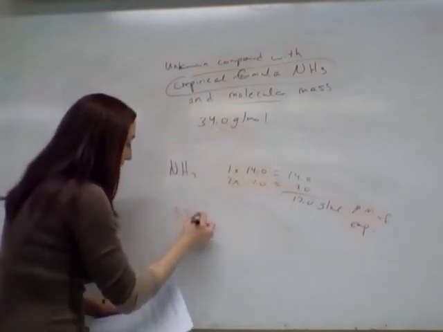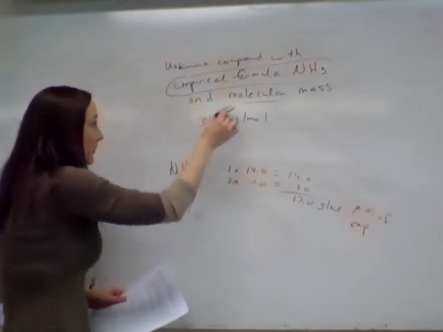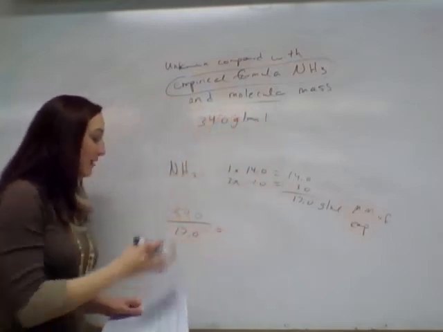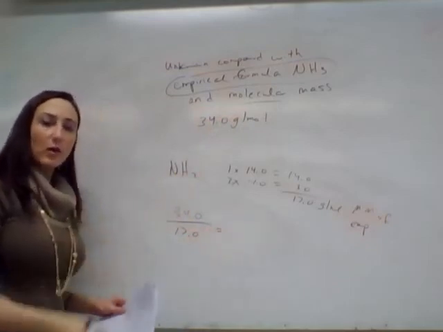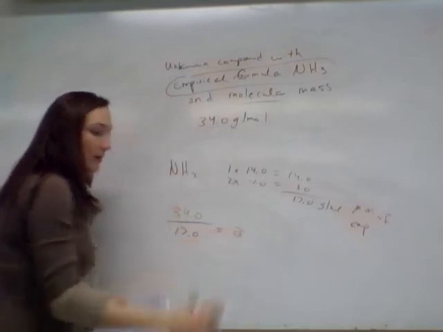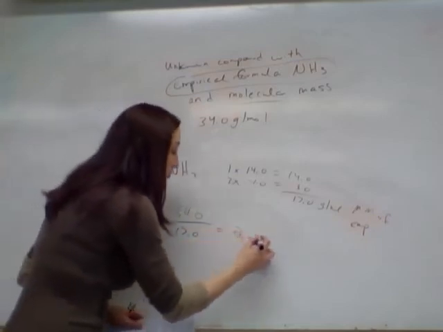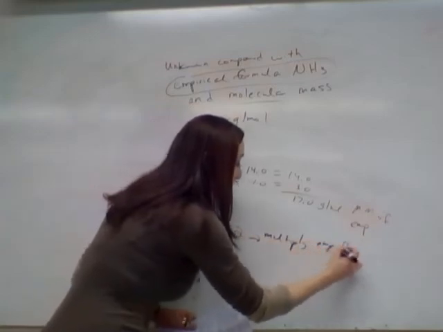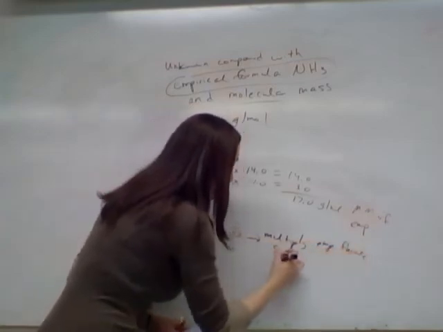So I'm going to do the big number, the molecular mass, divided by the empirical formula molar mass. And when we divide this, there will be a whole number. It will be very, very close to a whole number. So 34 divided by 17, that's a 2. This is what you multiply your empirical formula subscripts by.